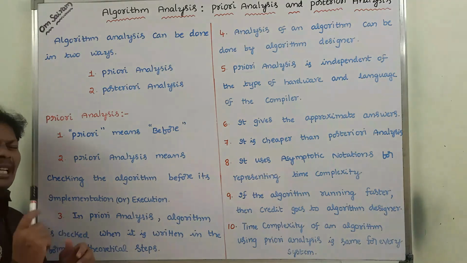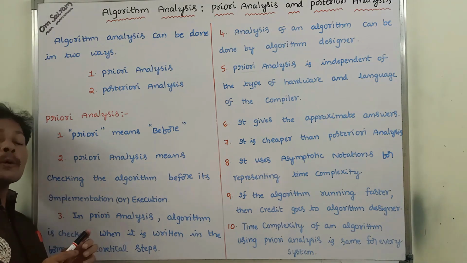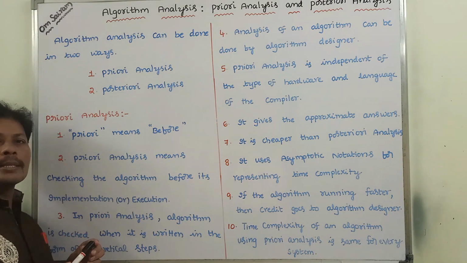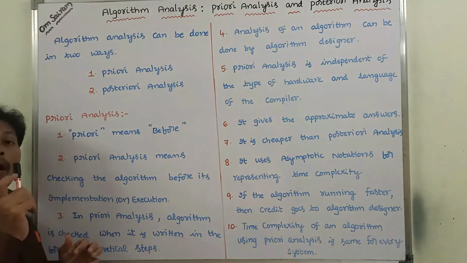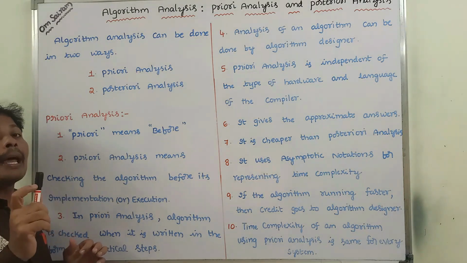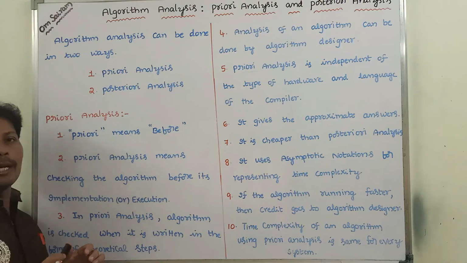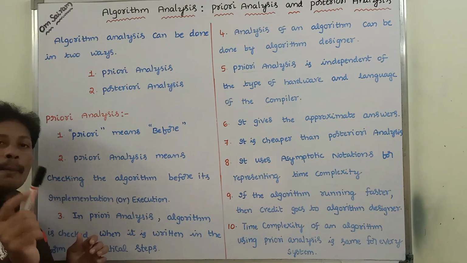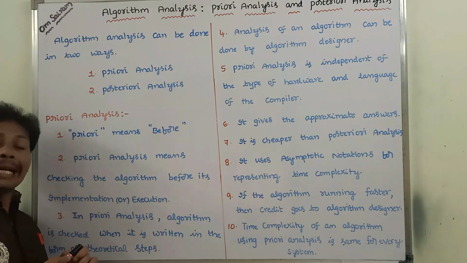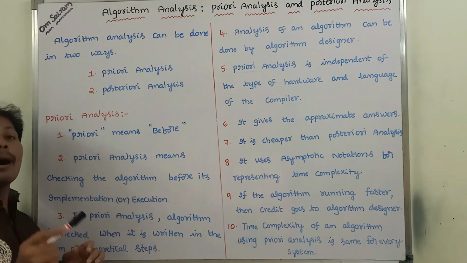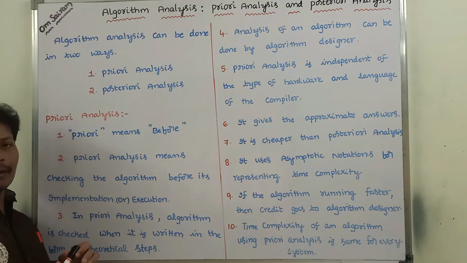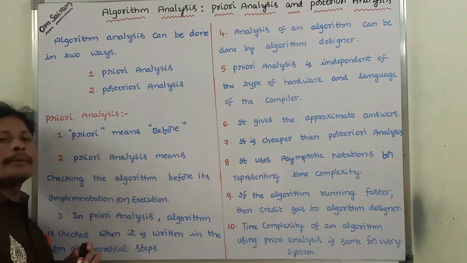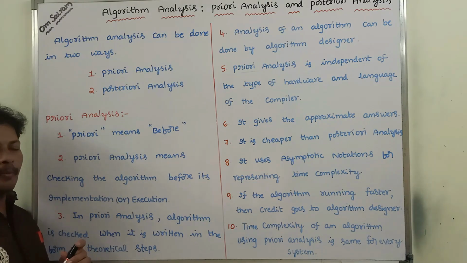Next, it is cheaper than posteriori analysis, because only the algorithm designer analyzes the algorithm manually. He does not use any compiler for calculating the time complexity and space complexity of an algorithm. So we can say that it is cheaper than posteriori analysis.